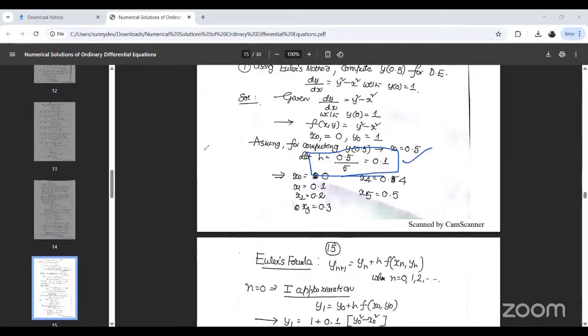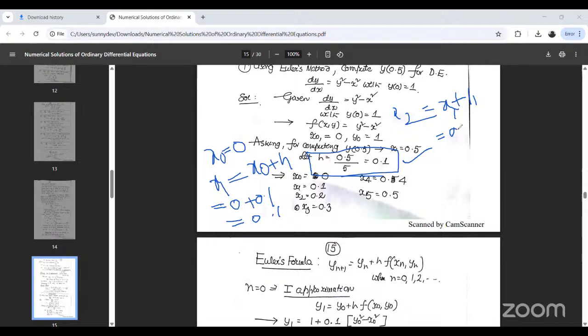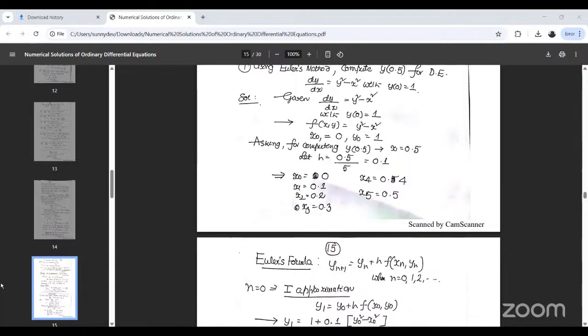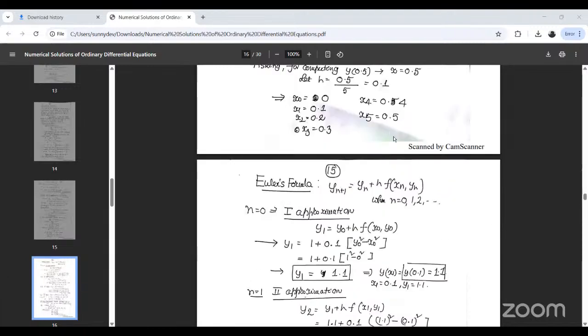So x naught they gave 0. So x1 becomes x naught plus h, that is 0 plus 0.1, equal to 0.1. Then x2 is x1 plus h, so that is 0.2, and then x3, x4, and x5.